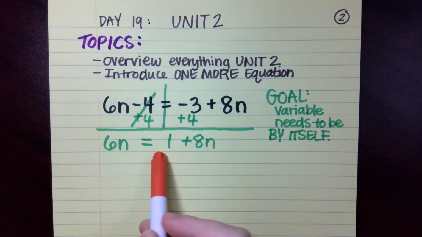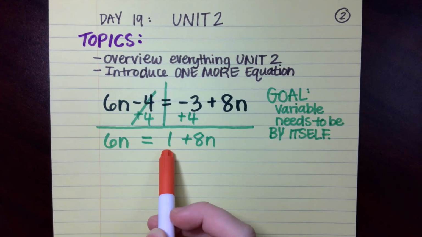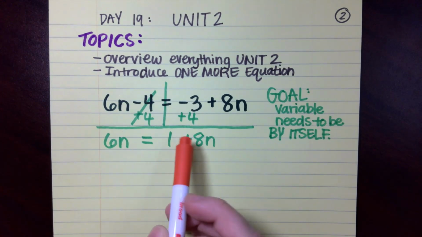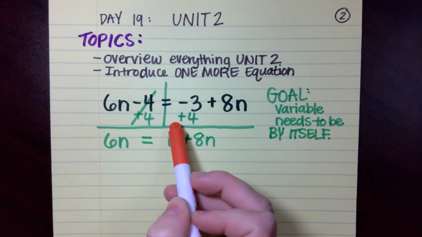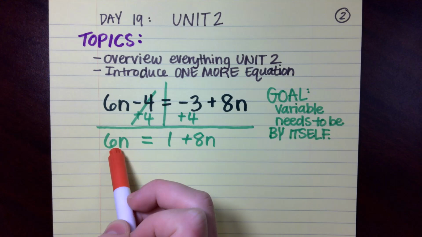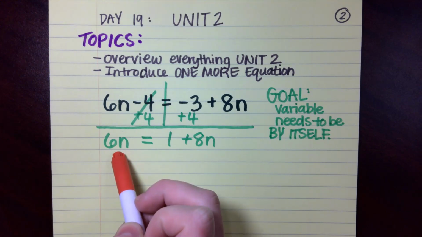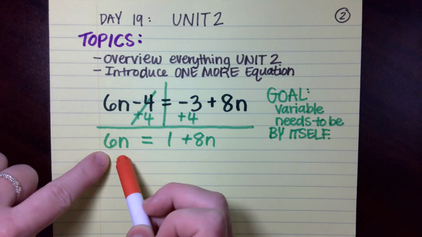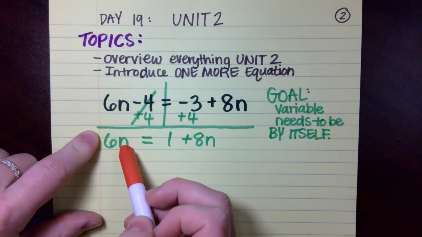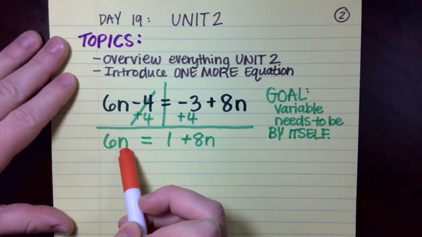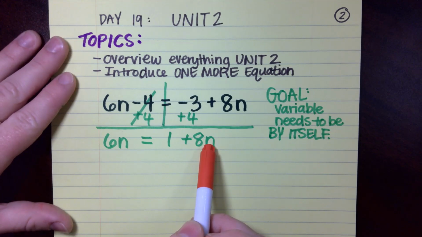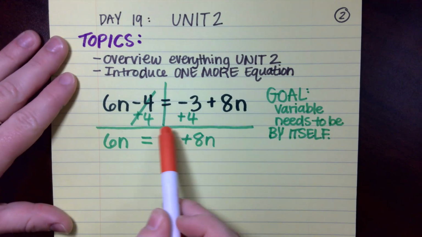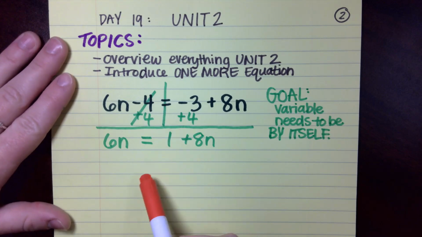If I did minus 1 to get rid of this plus 1, then the 1's would cancel here, and I would do minus 1 over here. Now, 1 and 6n are not like terms, so I would just be left with 6n minus 1 equals 8n. So did that help us? Didn't help us very much. So we know that we probably aren't going to do much with that 1 yet.